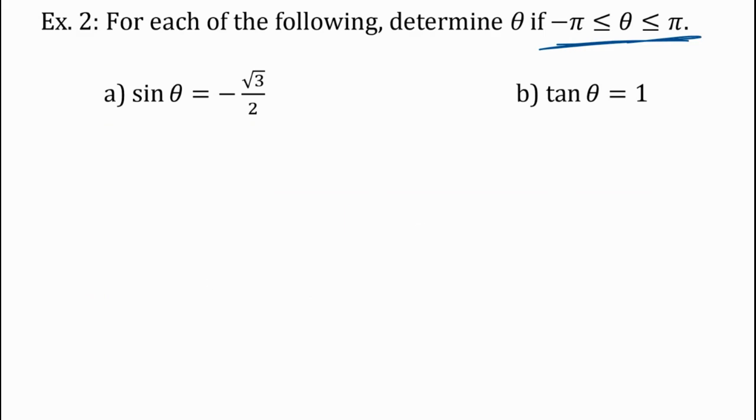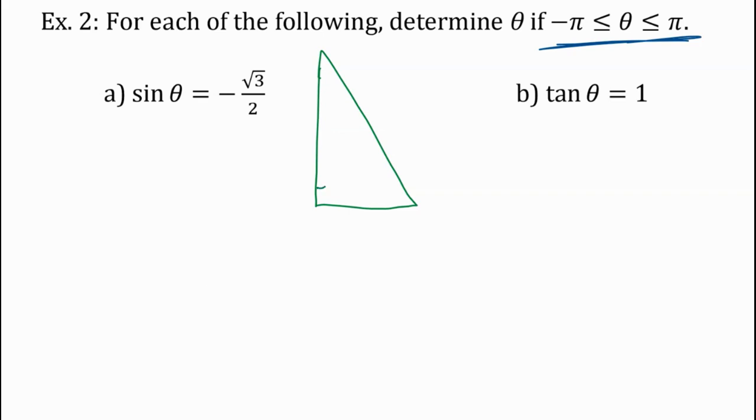Okay, now let's try a couple. First step is the same. We're going to the triangle, to figure out what triangle we're in, to figure out our related angle. We already did this question, by the way. We already did one exactly the same, sine theta equals negative root 3 over 2, but it was for the other domain, right?